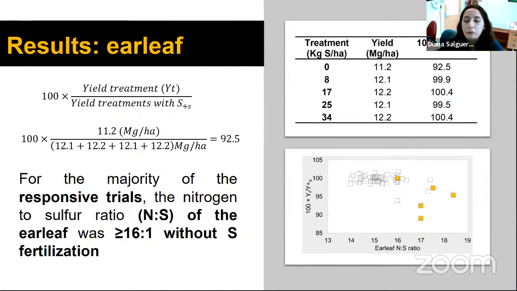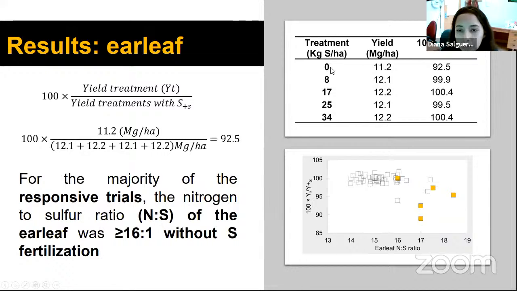Now, before I start to explain this graph, I want to walk through this equation, explaining what it means and how we calculated it. Here I have my results for one of the locations where we had significant responses in yield.